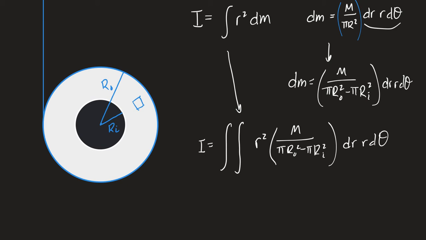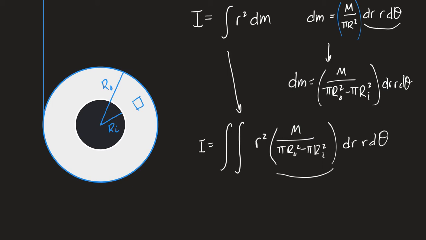I can kind of organize this and set up my limits, meaning I can take the thing that is constant and take it out all the way. And then I can take my integrals and separate them, because like we did with the disk, where I am on the toilet paper roll doesn't affect one variable or the other.